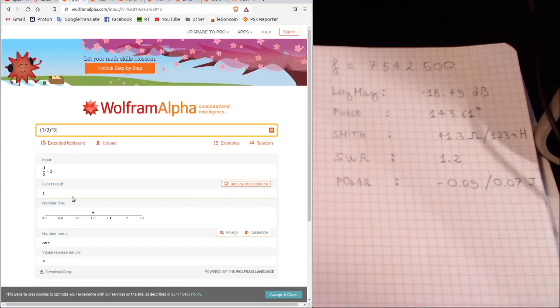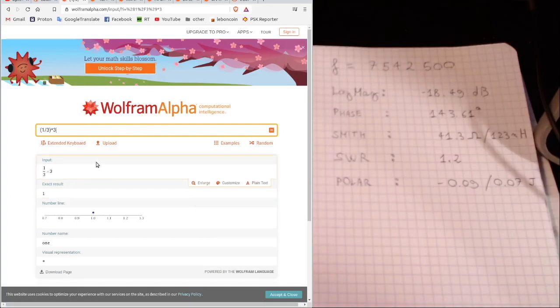Furthermore, it has support for complex numbers. This is a very advanced tool. It comes from this Wolfram company that produces a very advanced tool for mathematicians called Mathematica for symbolic calculation. So this is basically the browser version of it, and it's really advanced. So I'm going to use this.